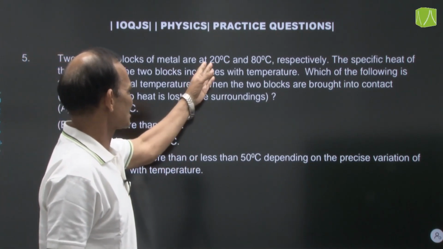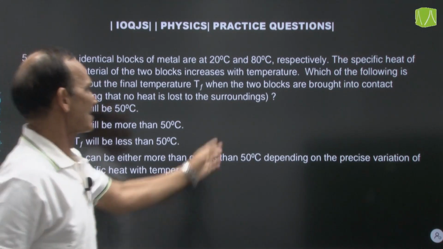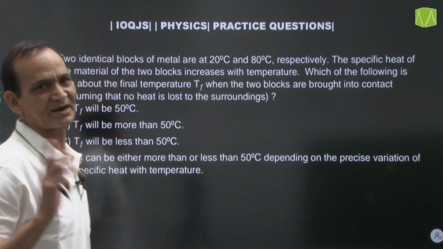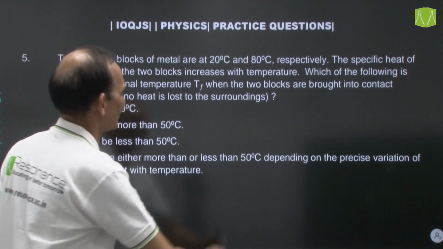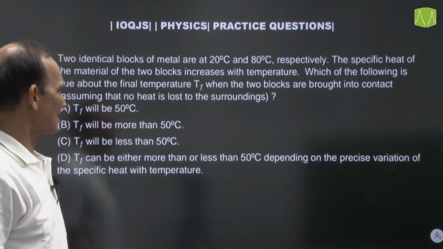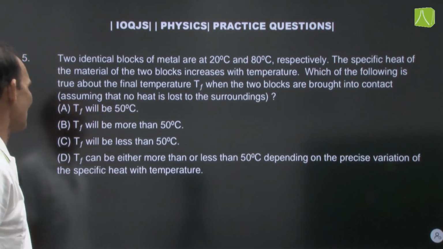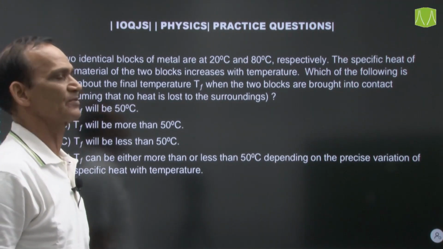Suppose the specific heat at 20 degrees Celsius is S1 and at 80 is S2; then definitely S2 is greater than S1. Which of the following is true about the final temperature Tf when the two blocks are brought into contact, assuming that no heat is lost to the surroundings?